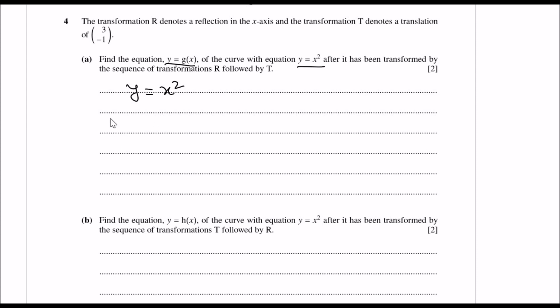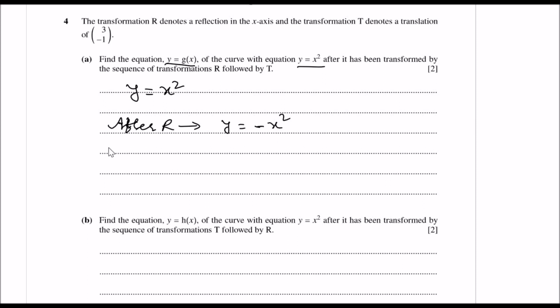Now after reflection, so after R, we get y equal to... see, it is saying reflection in the x-axis. So reflection in the x-axis means y becomes negative. Okay. So y becomes negative means this needs to be multiplied by minus 1, minus x square.